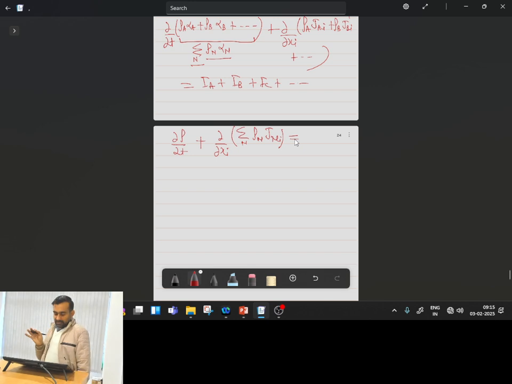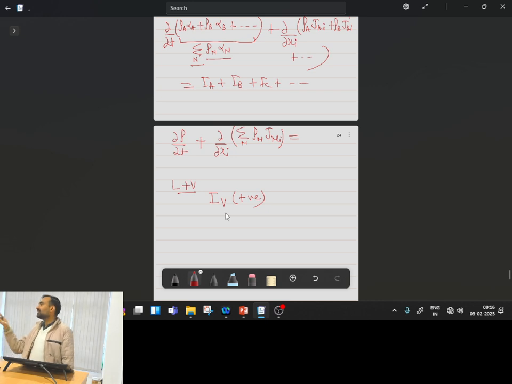Now, let us understand with a two-phase system. If I have two phases, liquid plus vapor, and phase change is happening from liquid to vapor, say the phenomenon is boiling, in that case the IV term, the source term for vapor, will be positive, because in boiling liquid mass gets converted into vapor.